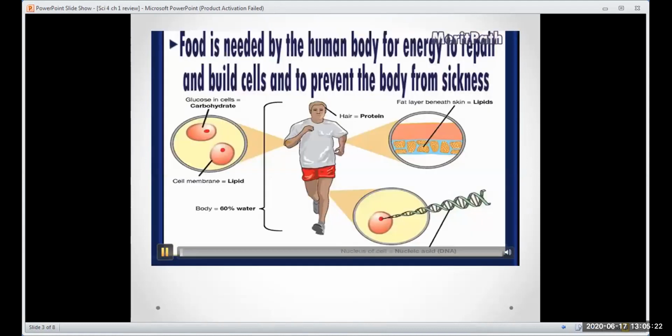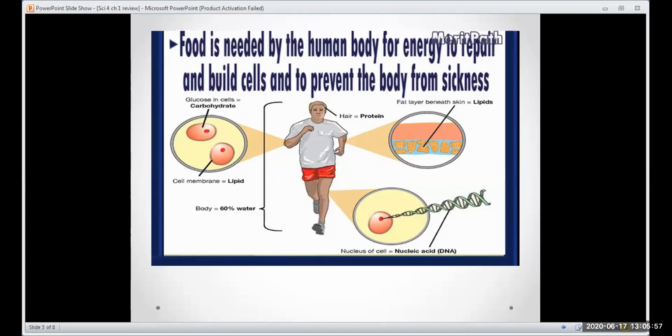Digestion. Food is needed by the human body for energy, to repair and build cells, and to prevent the body from sickness. Food can be divided into energy content and nutrients. So, what are nutrients? The useful substances which are present in a food are called nutrients. These nutrients help in the growth and development of the muscles, bones, and teeth, keep the organs healthy, and fight diseases.